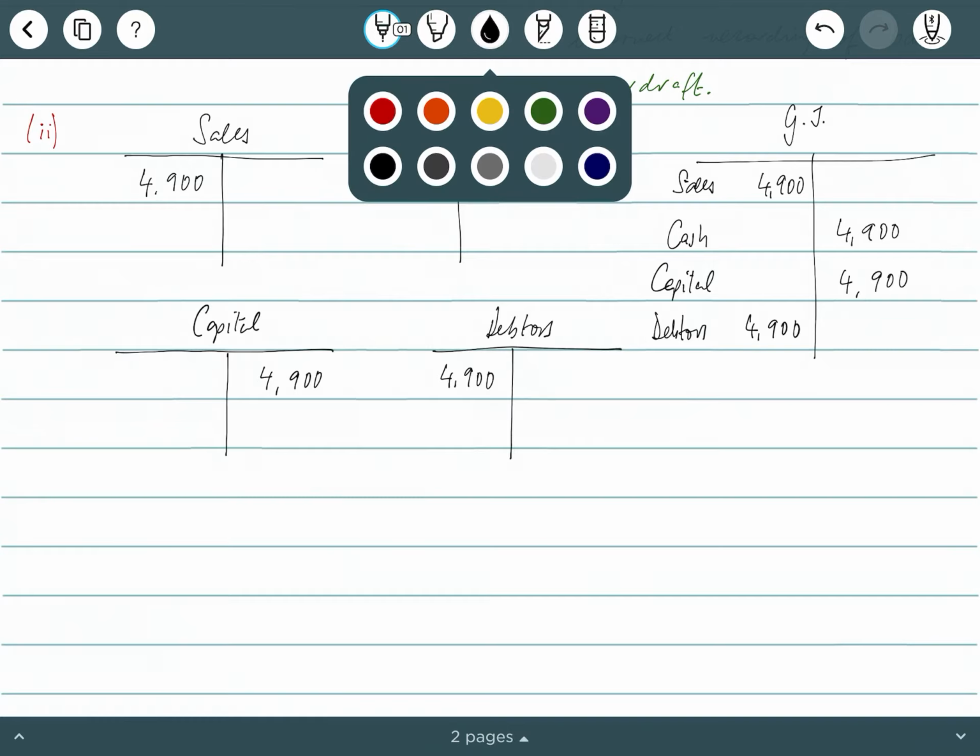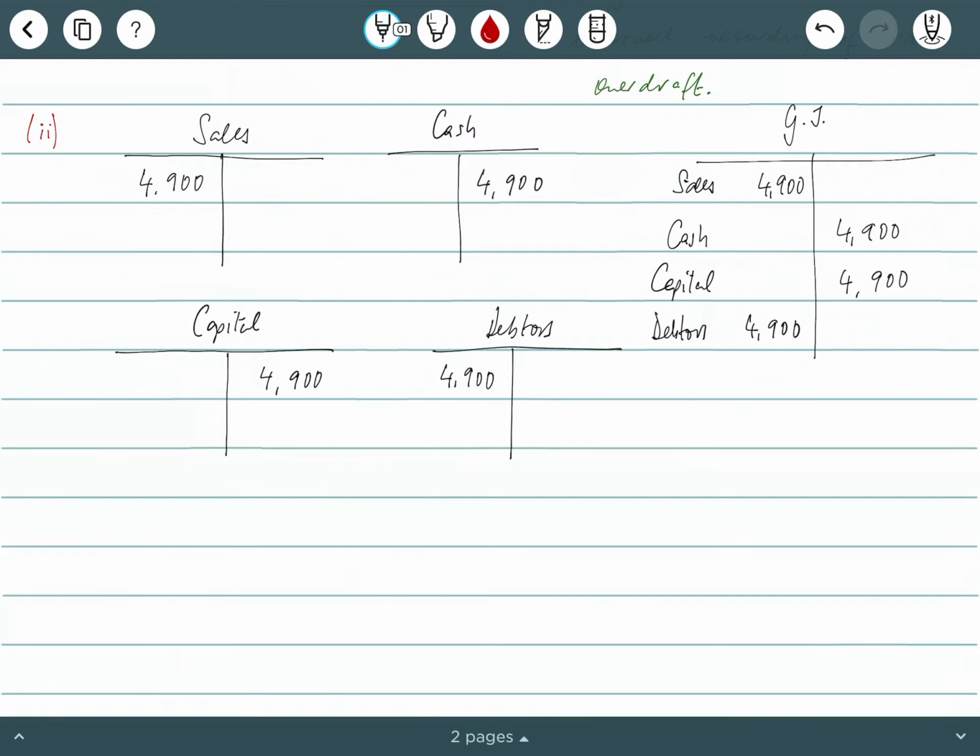Therefore we do not have a suspense, as those accounts all balance out. The sales will go into your P&L, cash, balance sheet, capital, balance sheet, and debtors will also go into your balance sheet. Okay, we'll give our little one-liner down here. We simply say being recording of capital introduced.